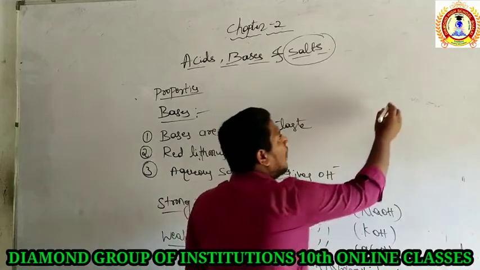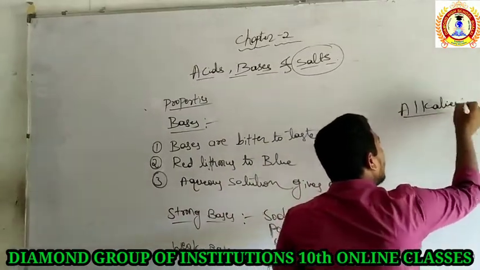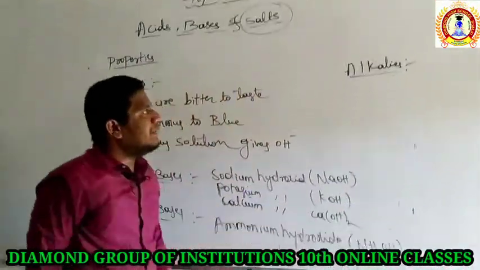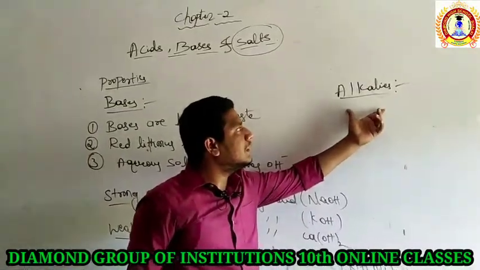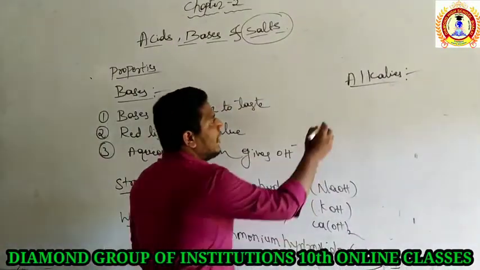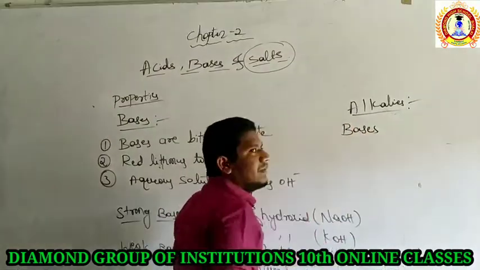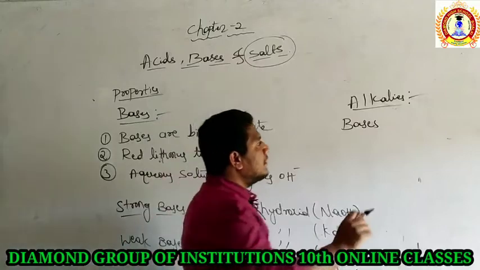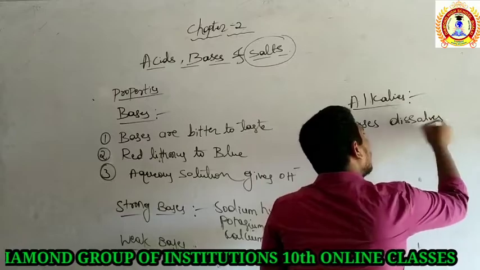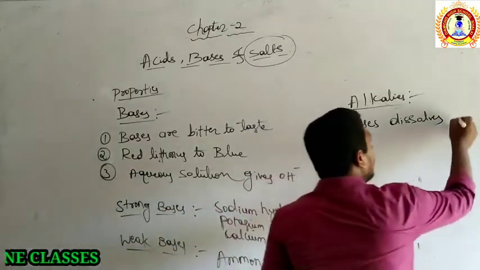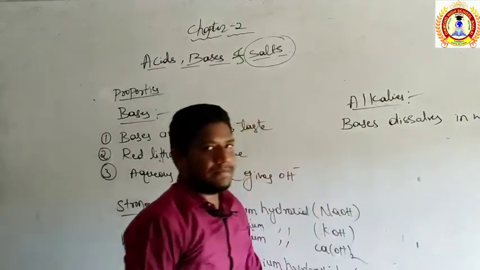Then what are alkalis? In the bases, again one property is there, that are known as the alkalis. The bases that dissolve in water are known as alkalis.